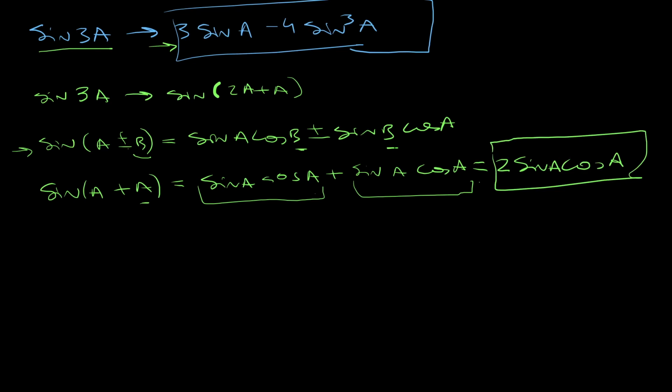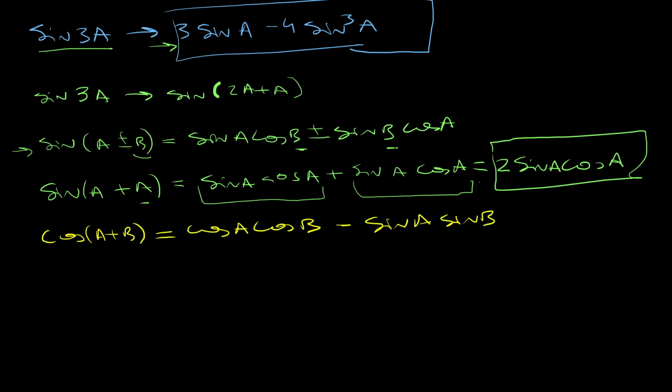So the same thing for cosine. You have cosine of a plus b. It's the same thing as saying cosine a cosine b minus sine of a sine of b. And because we have this term, but instead of a b, we have an a, we're doing the same thing.